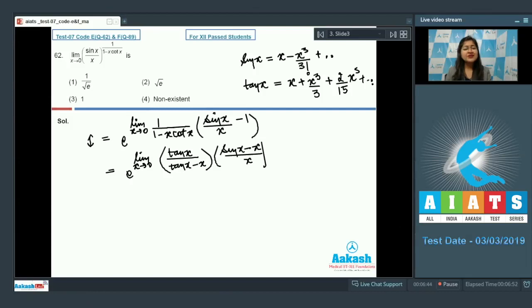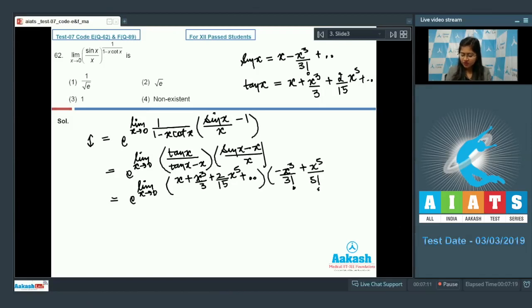Now, substituting these expansions, we can write I is equal to e raised to the power limit x tending to 0, tan x as x plus x cube by 3 plus 2 upon 15 into x^5 and so on, into sin x minus x, which can be written as minus x cube upon 3 factorial plus x^5 upon 5 factorial and so on.